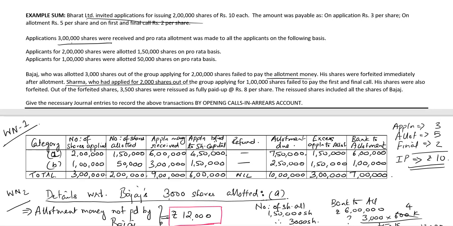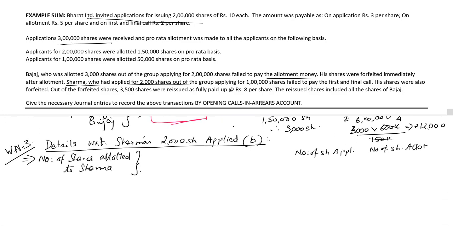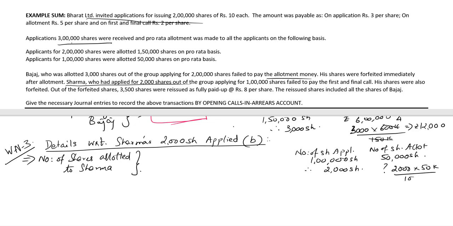Against 1 lakh shares applied for, number of shares allotted is 50,000. So against 1 lakh shares, the allotment is 50,000 shares. Therefore, in the case of Sharma's 2,000 shares applied for, he would have been allotted 2,000 multiplied by 50,000 divided by 1 lakh, which comes up to 1,000 shares. So the number of shares allotted to Sharma is 1,000 shares.